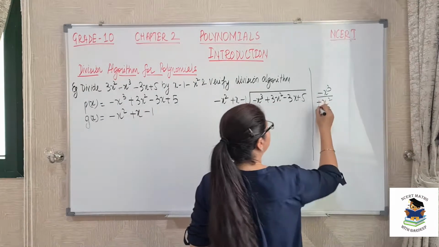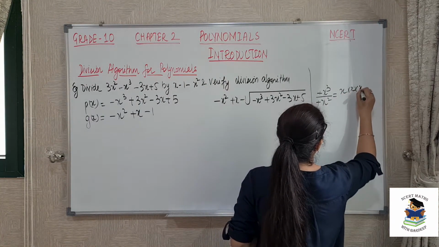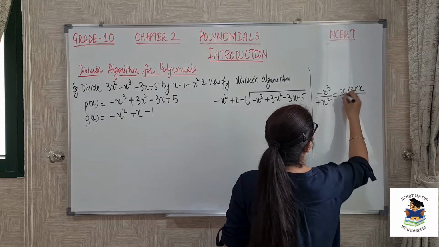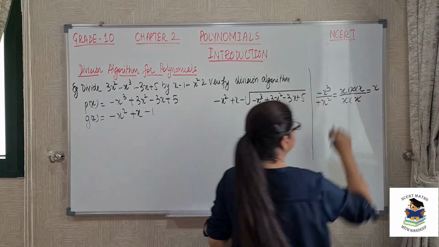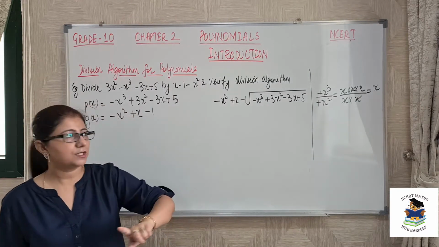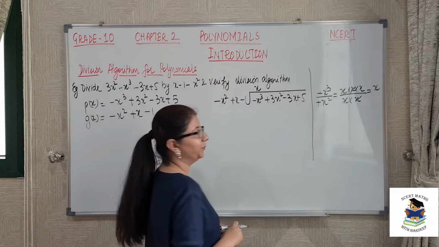So this minus and minus will be cancelled. So x into x into x, or you can use your exponents and powers rules. So x square will be cancelled and the answer is x. This x is our first term of the quotient. So we will write x here.